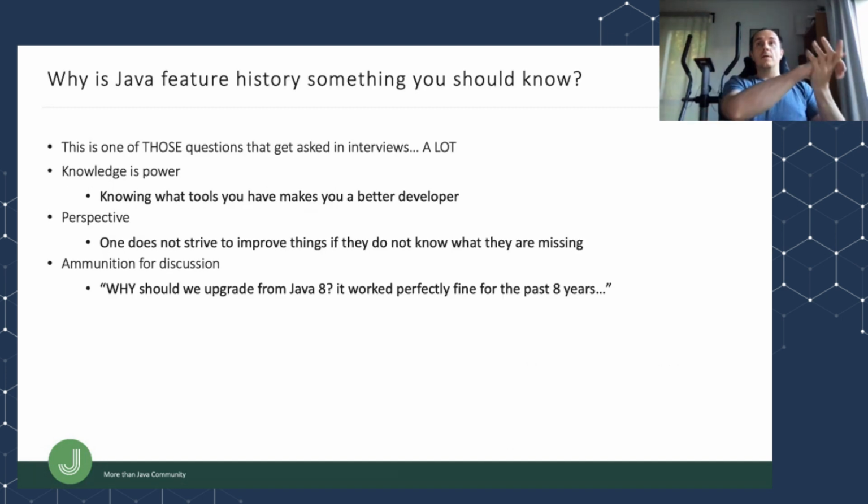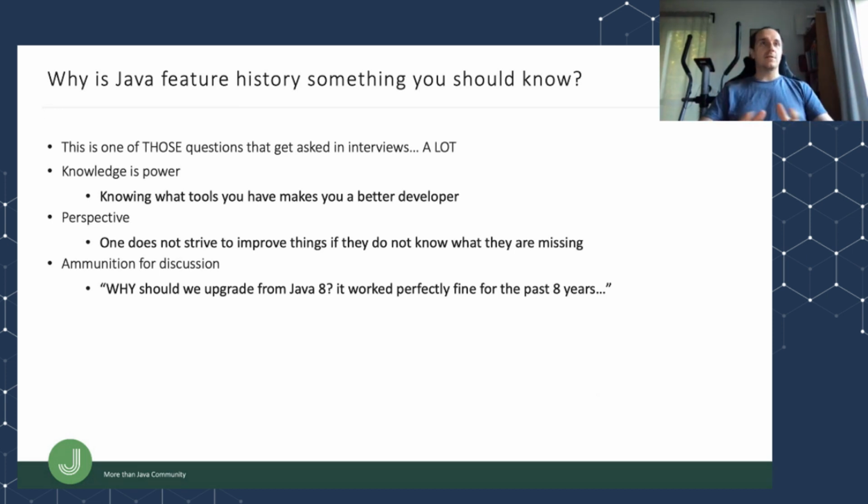First of all, there's this question, right? Whenever you start a presentation, you have to convince your attendees why this is important. So this is my attempt to convince you of that. Why knowing at least briefly, at least really shallowly, Java feature history is important to you.